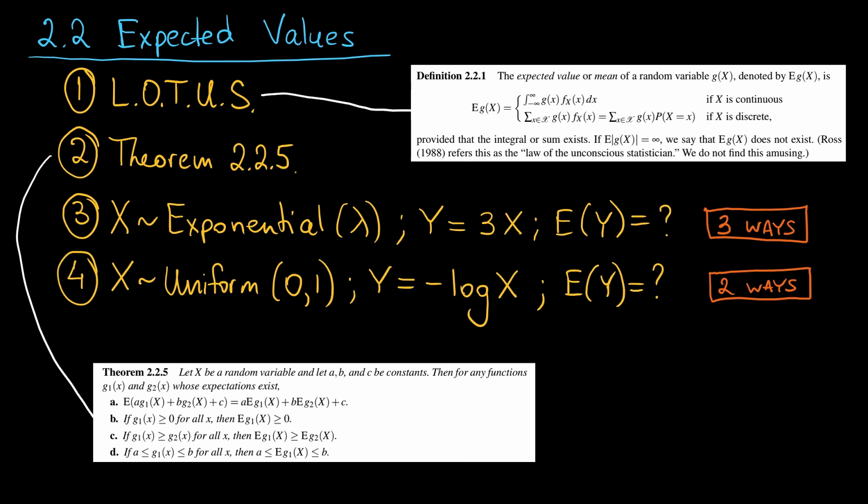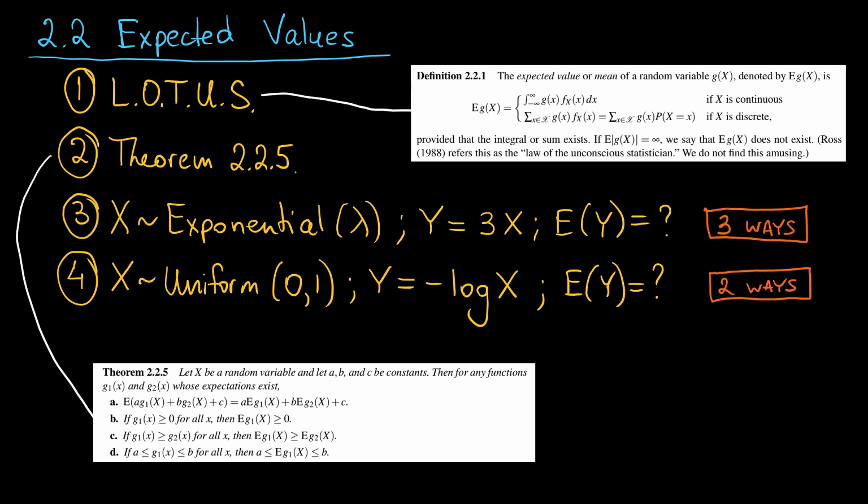And then, most importantly, in 3 and 4, we'll do 2 examples which I think will highlight the importance of LOTUS and the importance of the linearity of the expectation operator. So I want to cover quite lightly 1 and 2 and spend more time on 3 and 4, the examples.